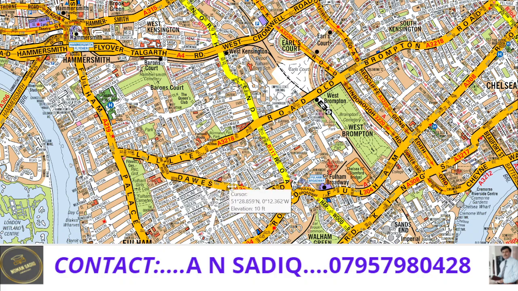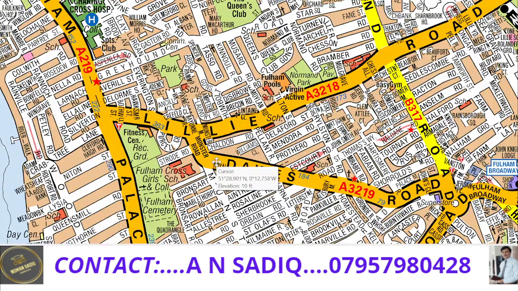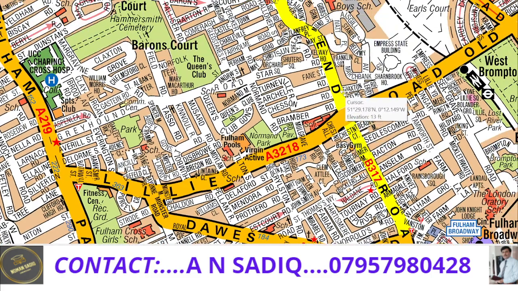What does it mean? It simply means you would not be able to go through this LILLIE Road either from this way or from this way. Also, you would not be able to cross this road. If you are coming from here, you would not be able to cross because this is LILLIE Road and LILLIE Road cannot be crossed.